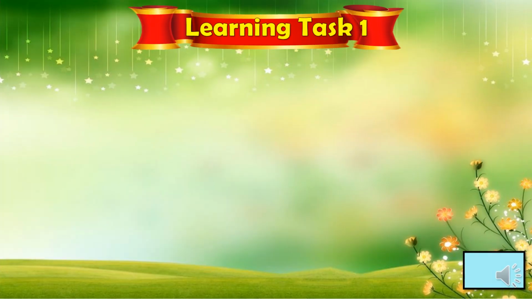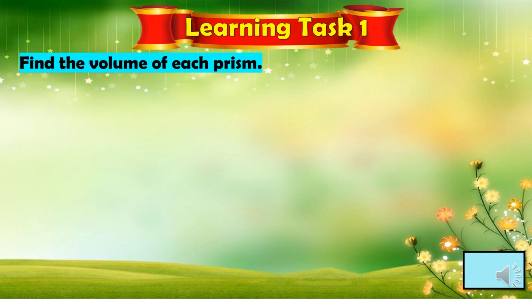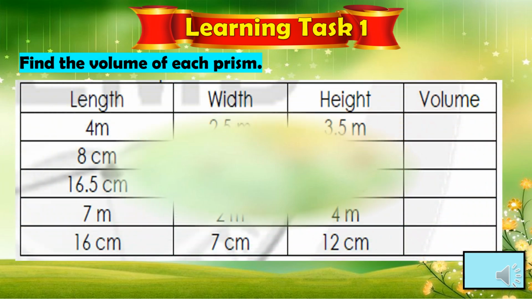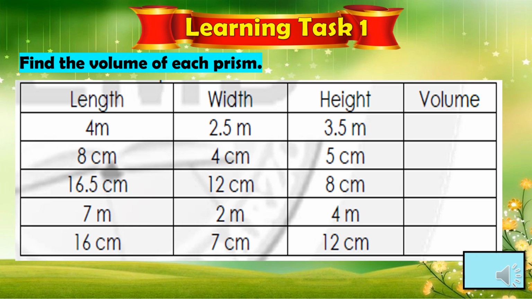For learning task 1, find the volume of each prism. So we have 4 columns. We have the length, the width, the height, and the volume. For number 1, the length is 4 meters. The width is 2.5 meters. The height is 3.5 meters. Number 2, 8 centimeters, 4 centimeters, 5 centimeters.